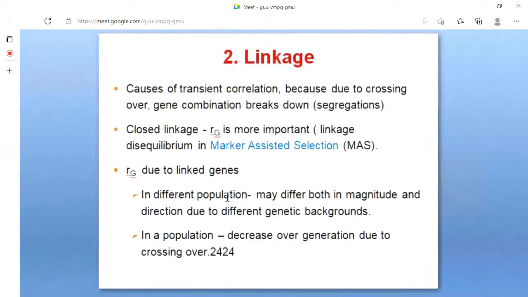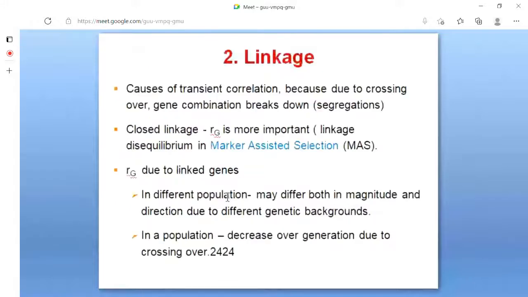So A1 and B1 are always together. If A1 and B1 are always together, then A2 and B2 will always be together. So instead of A1, if A2 is there, then definitely B1 changes to B2. So that may also be one cause of the genetic correlation.